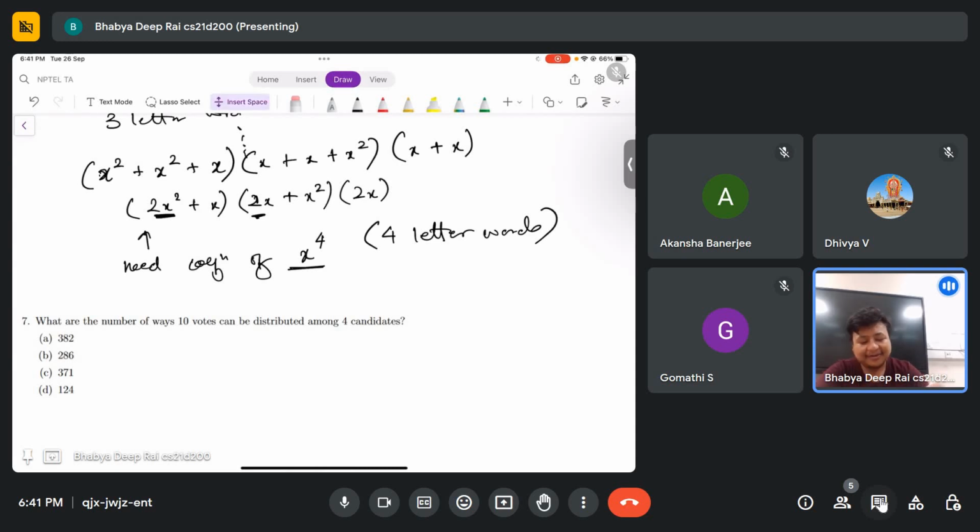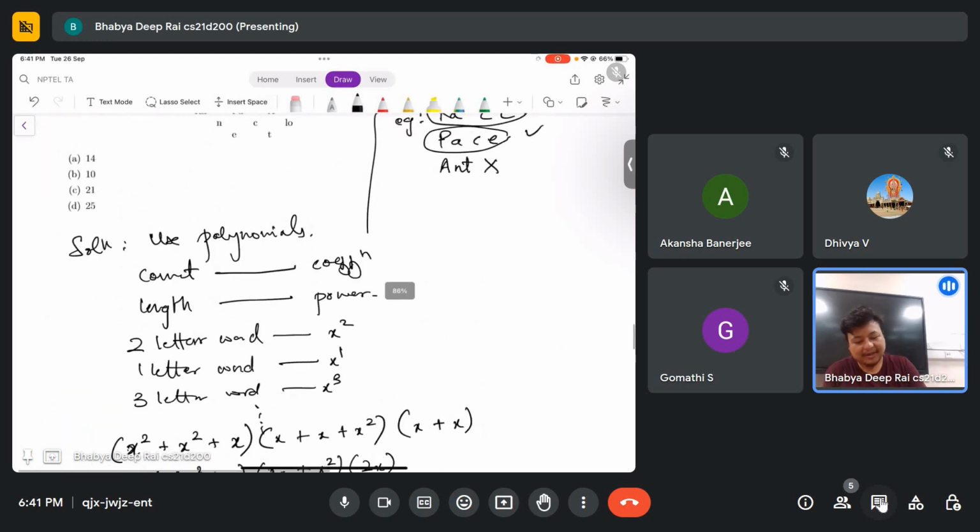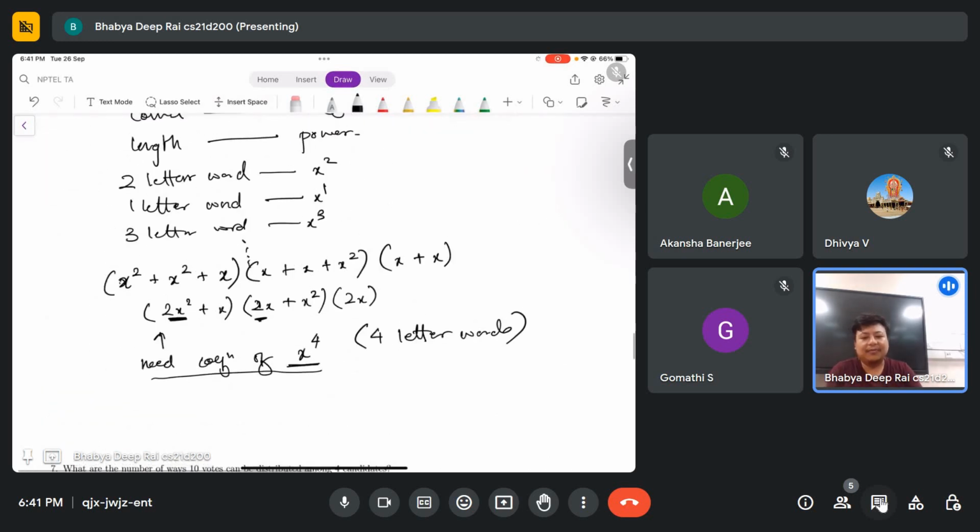And this multiplication is like combining in terms of strings, concatenation of strings. So I need to find the coefficient of x to the 4. Now you can just do a normal expansion and find what the coefficient of x to the 4 is. I'll give you a few minutes if you want to try. Tell me what the coefficient of x to the 4 is in this particular polynomial.